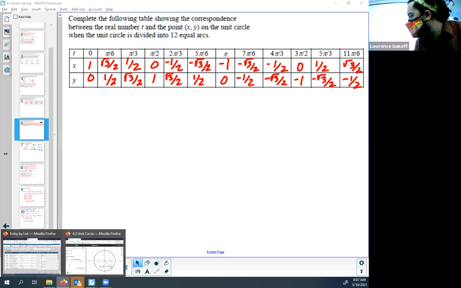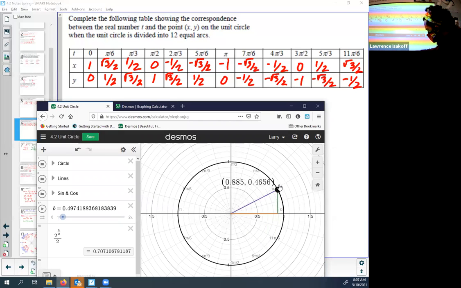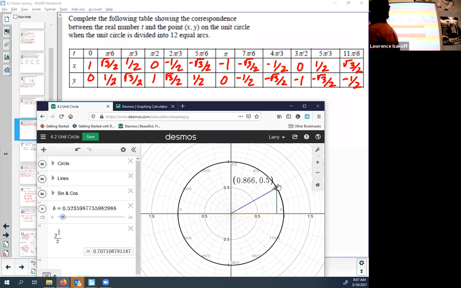If I want to go to pi over 6, that's 30 degrees. That's right here. And we get our y value is 0.5, so that's the same as 1 over 2. And if I put root 3 over 2 in the calculator, we get 0.866.